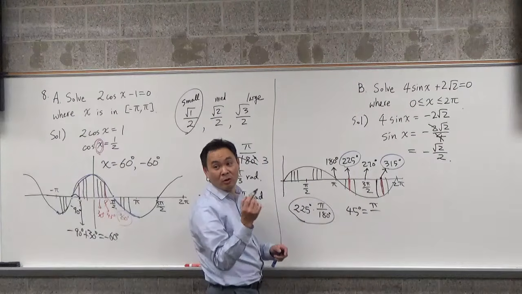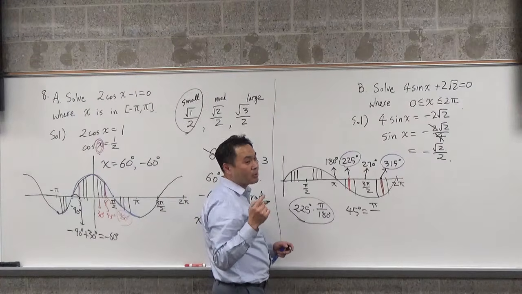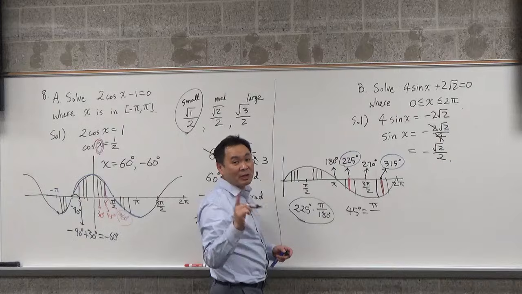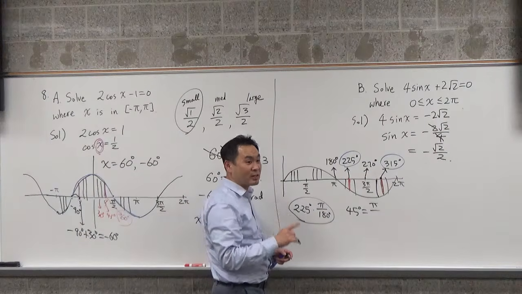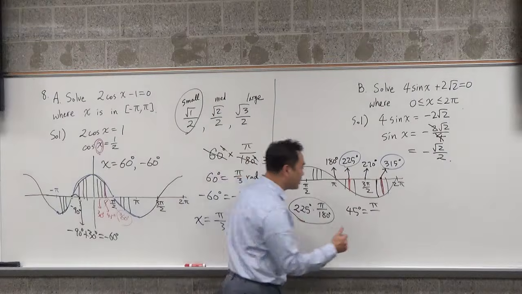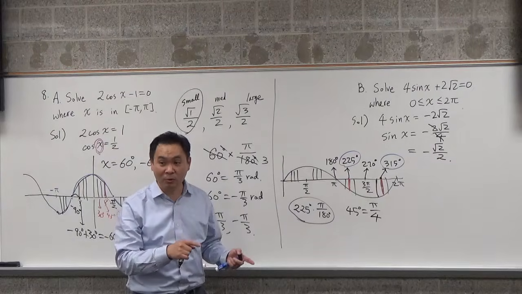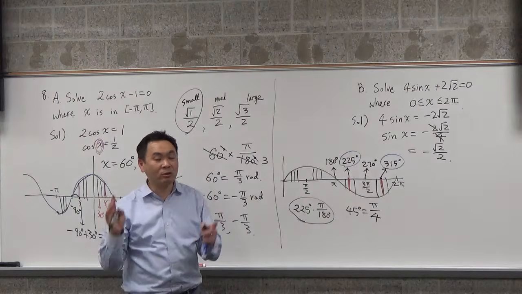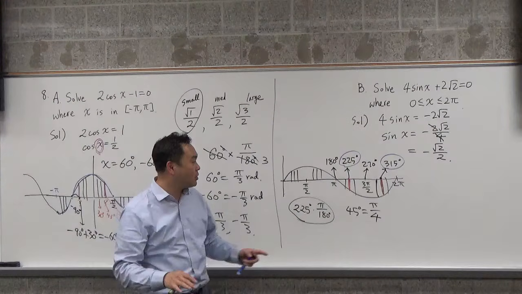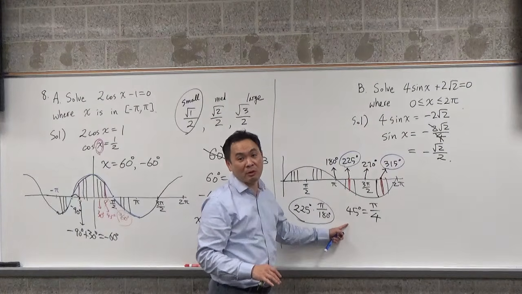Pi is 180 degrees. If you divide by 2, you get 90 degrees. Pi over 2 is 90 degrees. 45 degrees would be pi over 4, because it's half of half. Half of 90 degrees is 45, right? So you take 180 degrees, you take half of half, you get 45 degrees. This is something that you should just remember.